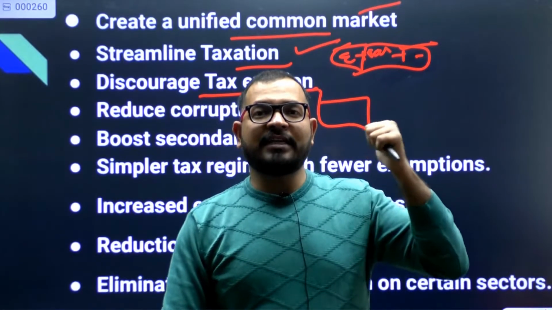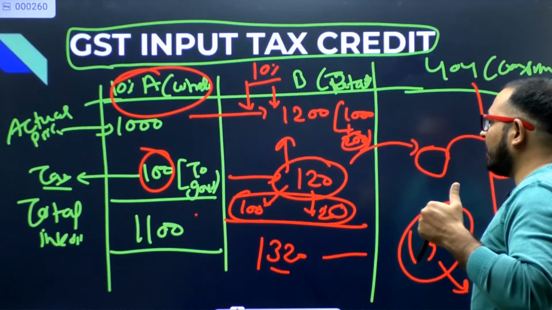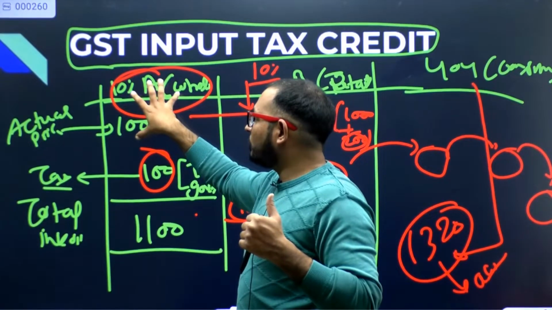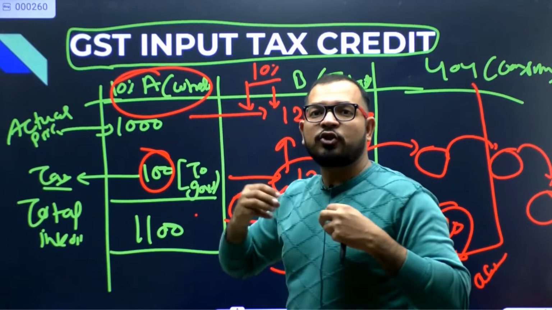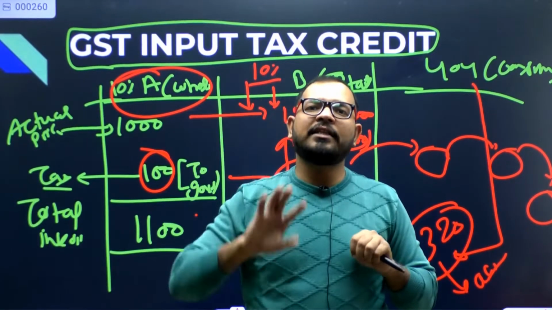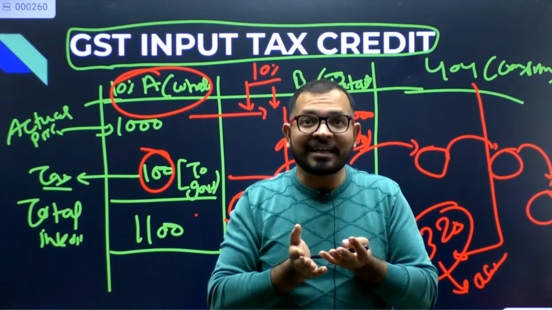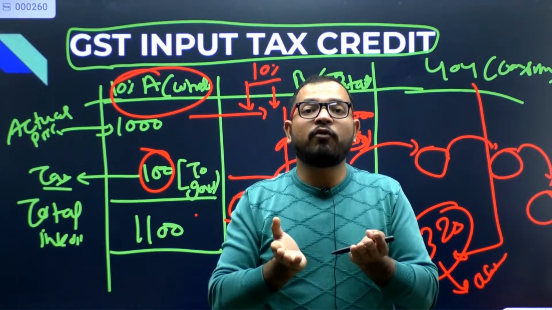So trader A will not get that input tax credit. So it means this A is watching me so that I should enter my invoice at the GST portal, in order to ensure tax compliance, in order to avoid tax evasion.